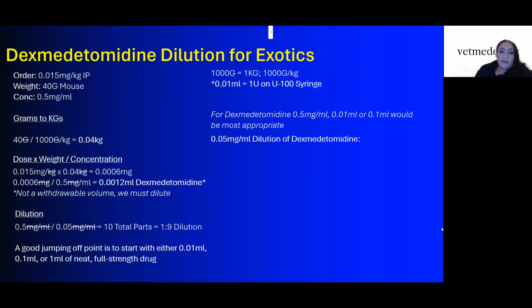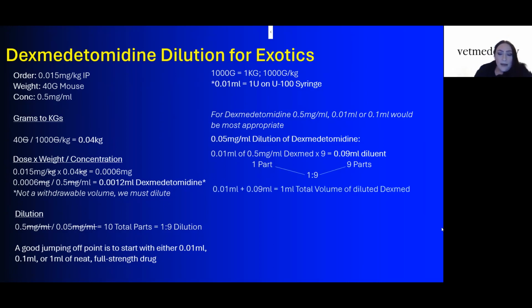So 0.05 mg per mil dilution of Dexmed. So 0.01 mils of 0.5 mg per mil Dexmed times 9 is going to give us 0.09 mils diluent. And the 0.01 mils is 1 part, and the 0.09 mils is 9 parts. So 10 total parts.